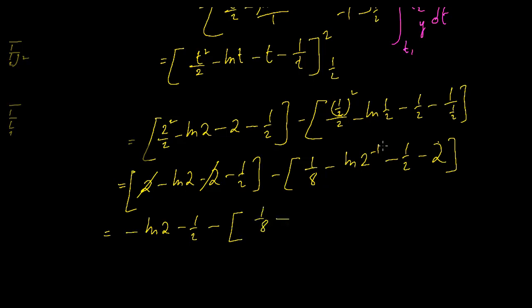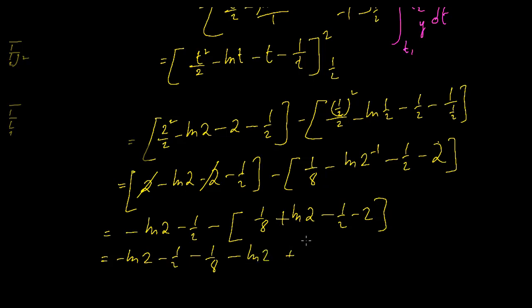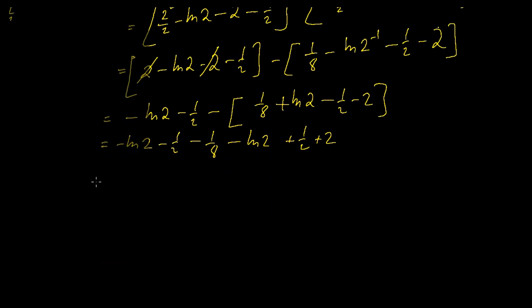If I bring this minus in front, this would be plus ln 2, this would be minus, this would be minus 2. So if I remove the bracket, minus ln 2 minus half minus 1 by 8 minus ln 2 plus half plus 2. So minus ln 2 minus ln 2 is minus 2 ln 2, minus half plus half cancel, so 2 minus 1 by 8 is going to be 15 by 8.